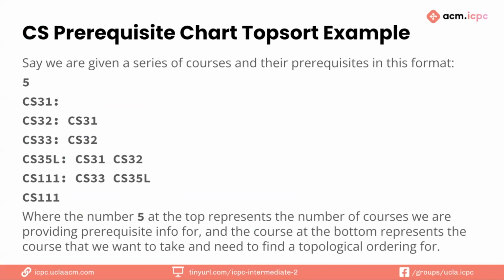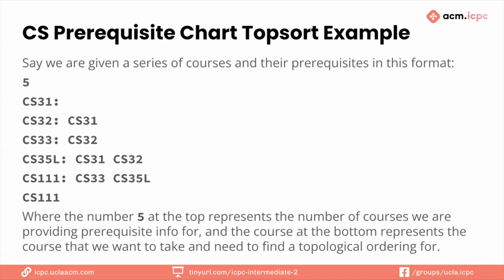So let's say you're given this type of input. The first number represents the number of courses that we are considering. In this case, it's 5, and the courses are CS31, 32, 33, 35L, and CS111. The following 5 strings go in a certain format, where the first value is the course that we are considering, and after the colon are the courses that are prerequisites for that course.